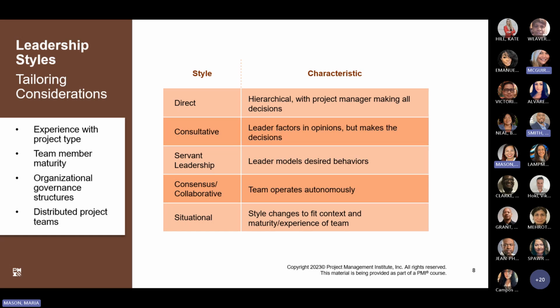The most important part is going to be to have the ability to adapt and tailor your style to the situation. You'll need to think about not just your own experience, but the team's experience and the organization's experience with the type of project that they're working on. Is it a new project, or is it a new type of way to approach how you guys are working on the project?